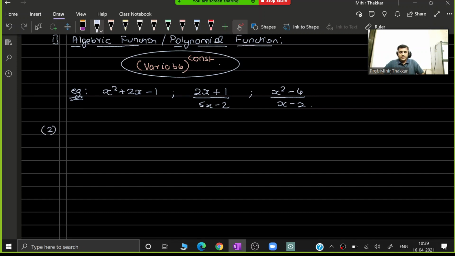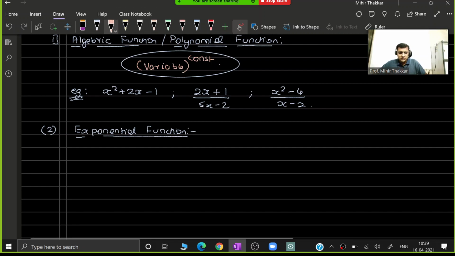The second one that you have is the exponential function. Now, what is an exponential function? It is guys just exactly opposite of the algebraic function. The difference between these both is that the constant number goes in the base and the variable goes in the power.